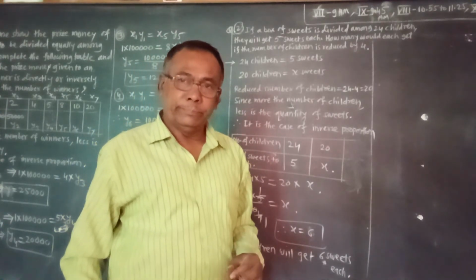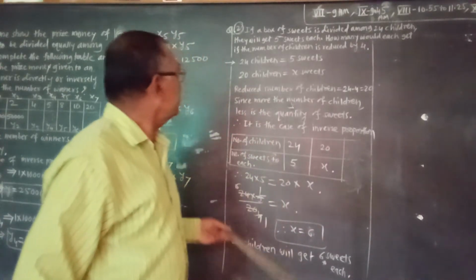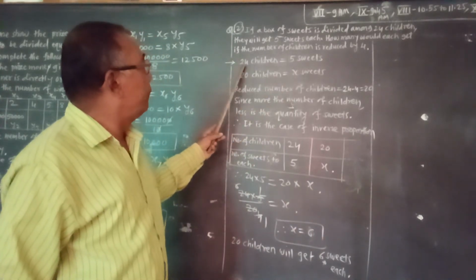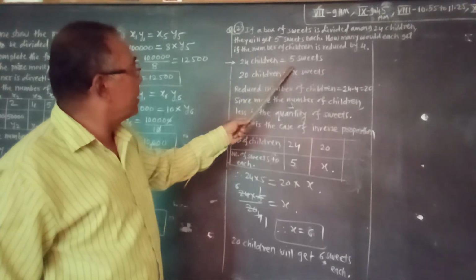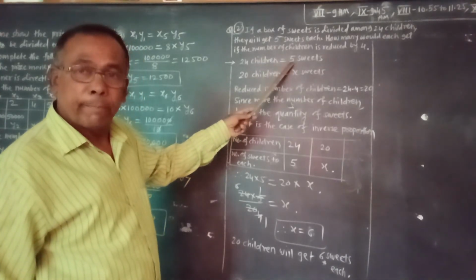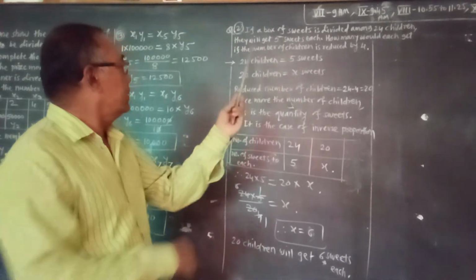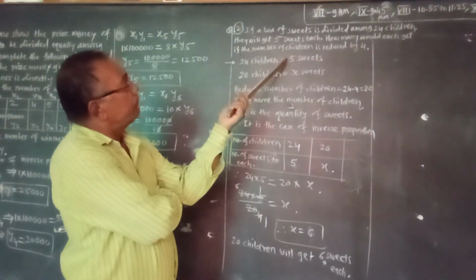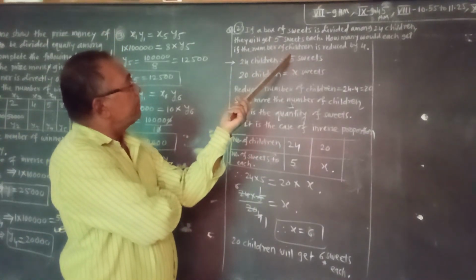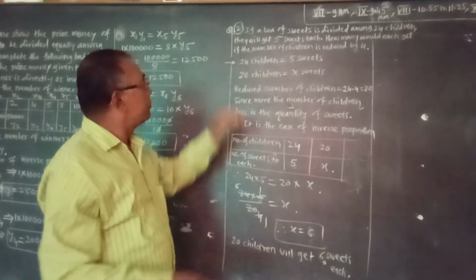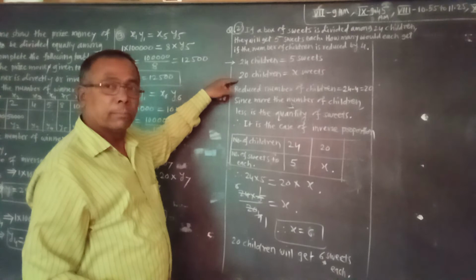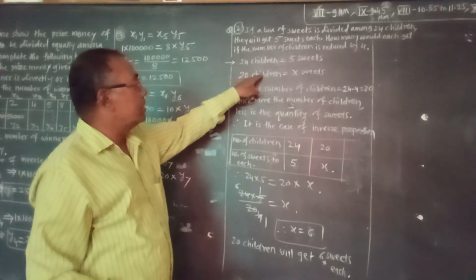We know that here 24 children are there and everybody will get 5 sweets. And it is given that the children are reduced by 4, means 24 minus 4, so 20 children.